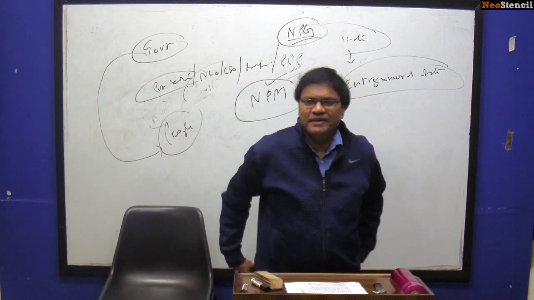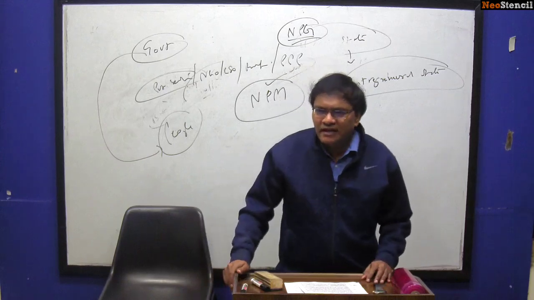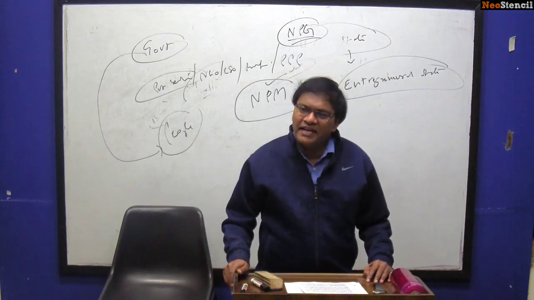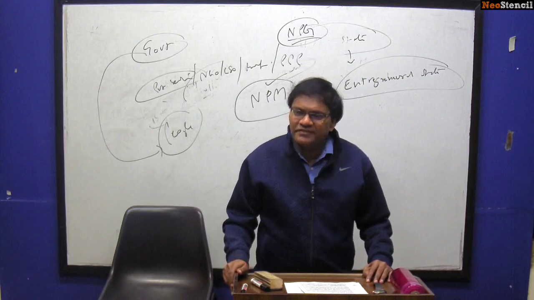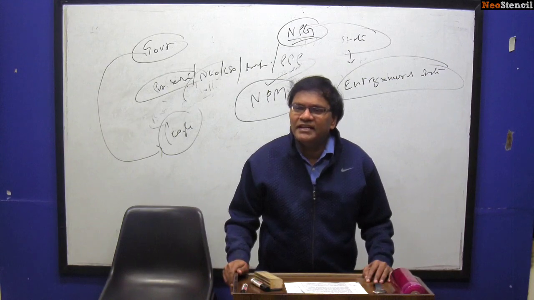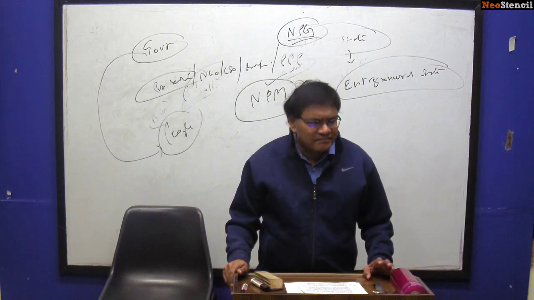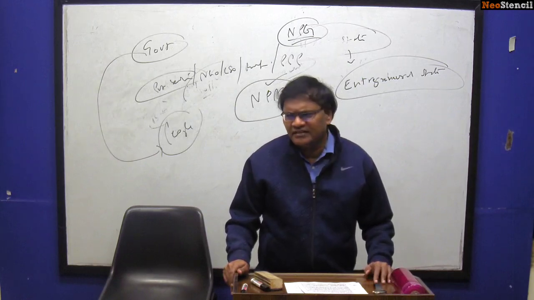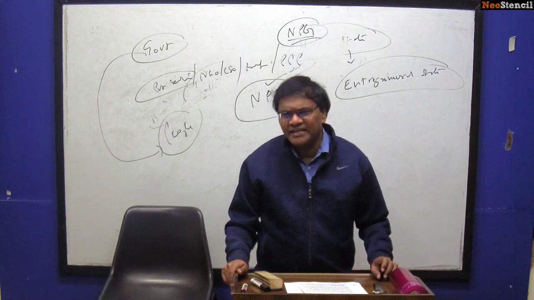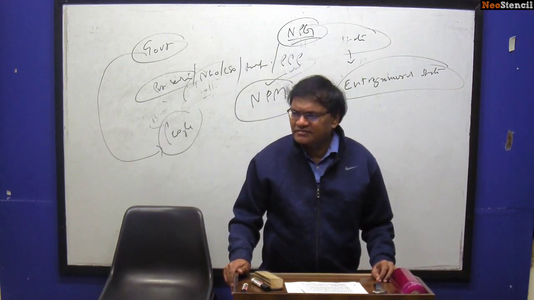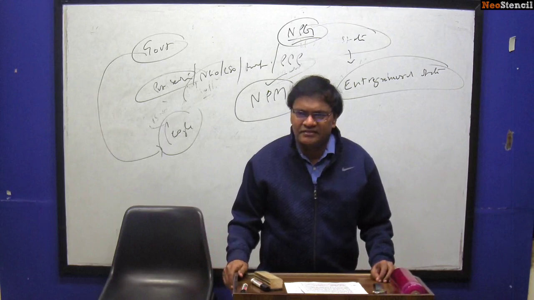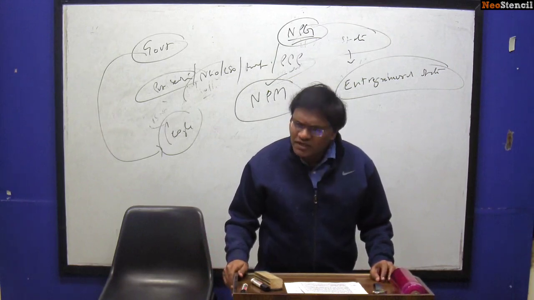Performance information use means how we can utilize the performance of an employee in the organization for the betterment of the organization. Very simple term. As I said, you can answer all the questions with a little bit of common sense. That is what is called analysis also.